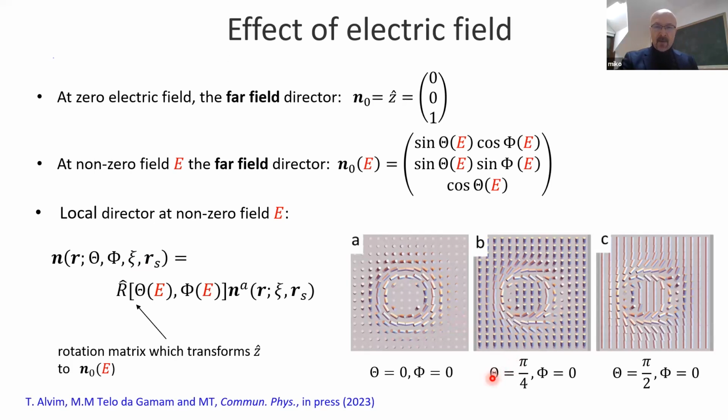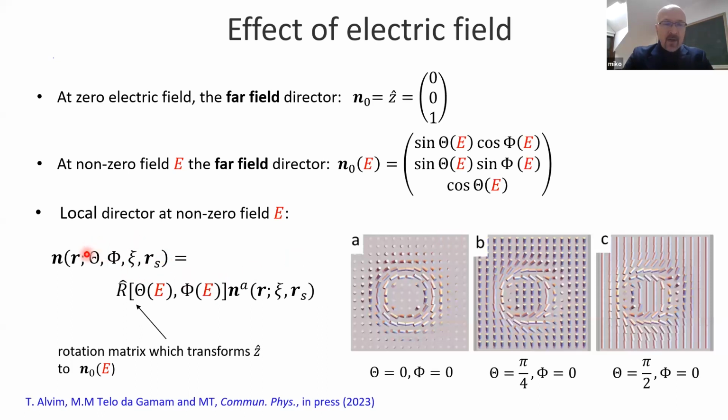Then there is some tilt of the background by 45 degrees, and you see that the structure resembles that observed in experiments and in 3-dimensional simulations. Panel C corresponds to the maximally tilted far field background, where the background just lies in plane, and this configuration has the right and correct symmetry in the field-on state. So now our goal is to construct dynamic equations for these parameters.